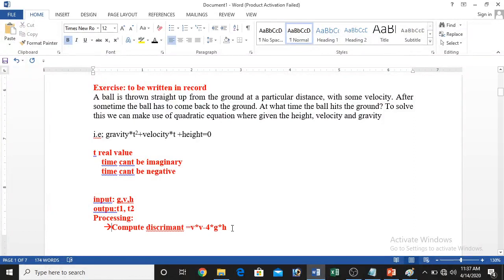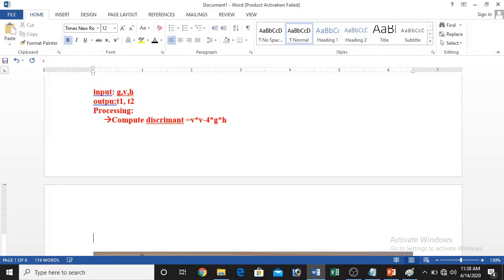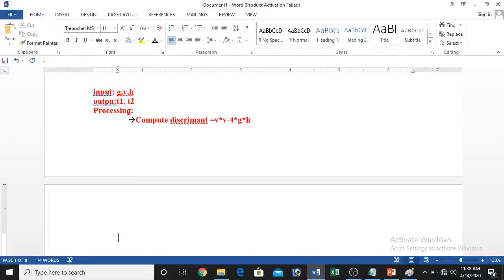Once you compute the discriminant, the next step is you are going to check whether the discriminant value is less than 0.